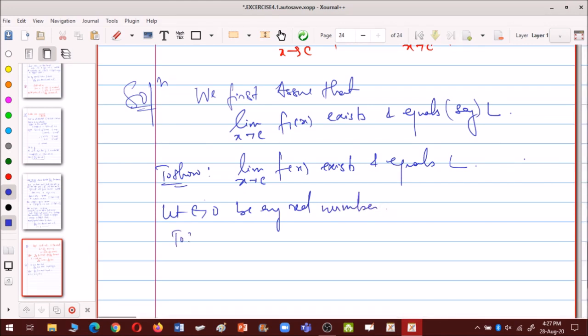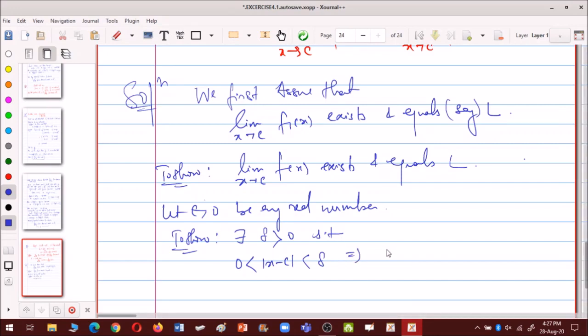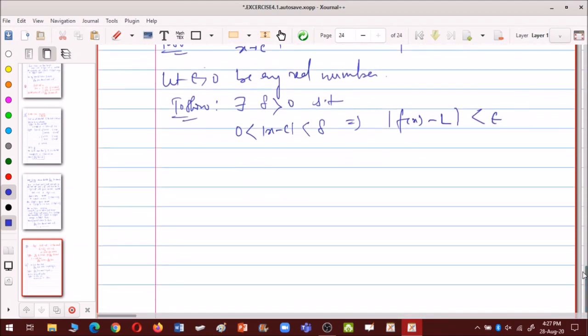We have to show there exists delta greater than 0 such that 0 less than |x minus c| less than delta implies |f(x) minus L| is less than epsilon. So for this we have to find some delta such that 0 less than |x minus c| less than delta implies |f(x) minus L| is less than epsilon.